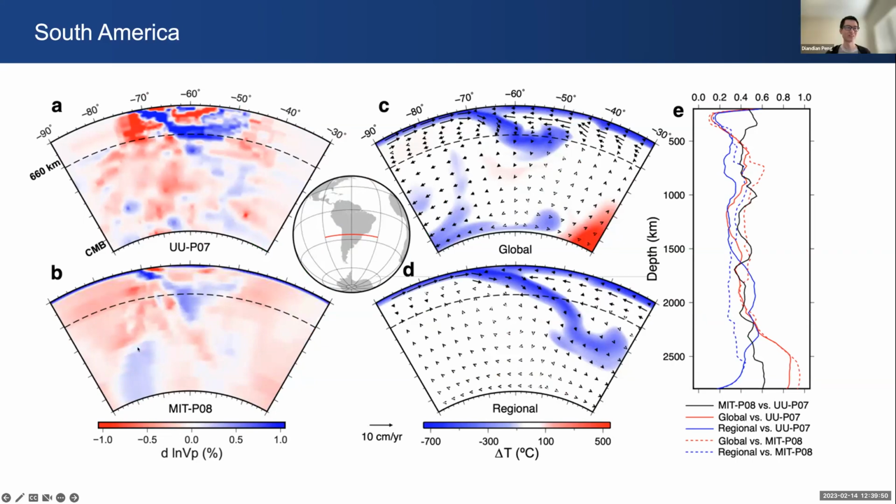I actually didn't find many studies about the Farallon slab beneath the Nazca slab, but in both of these two tomography models, there are some fast anomalies here. Okay. And the position is pretty consistent with the global model. I see. And this may be the Farallon slab. Okay. Thanks.